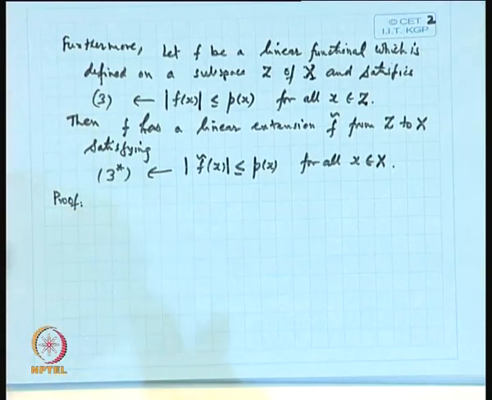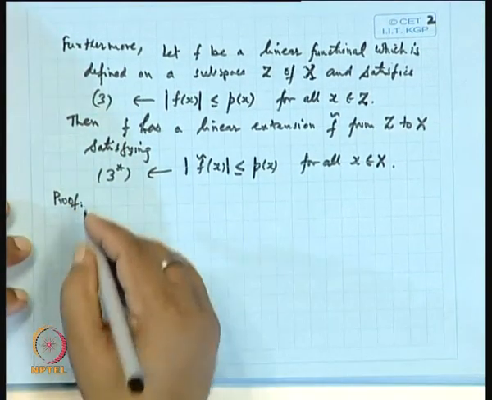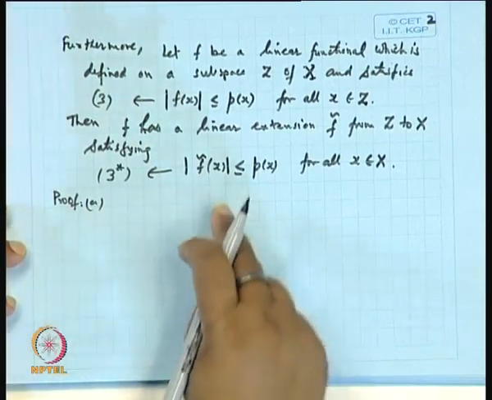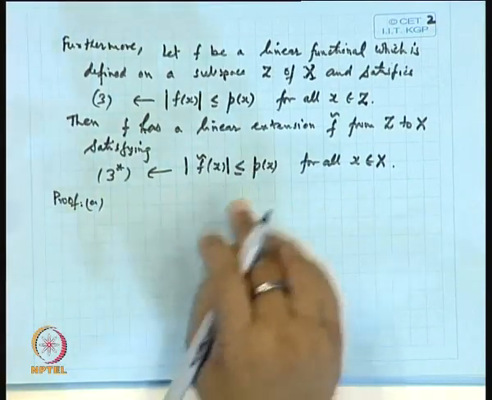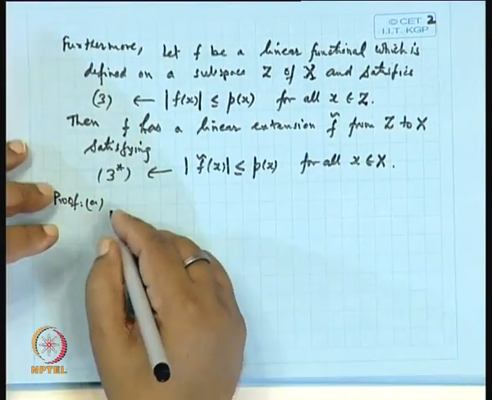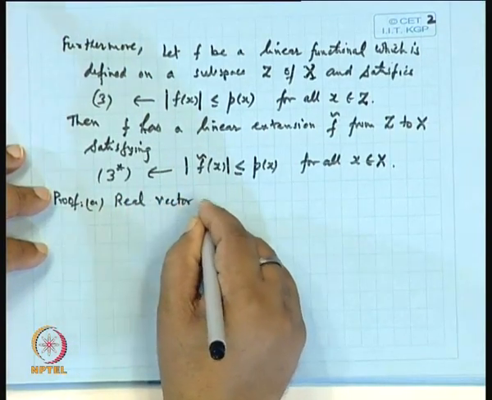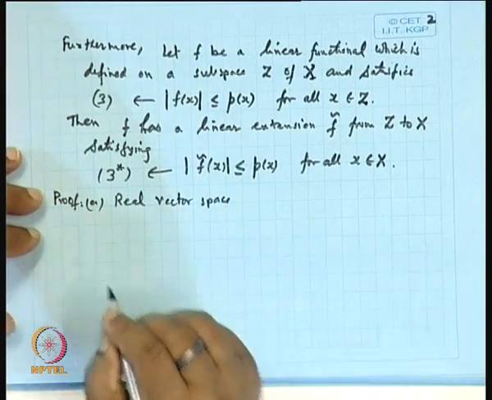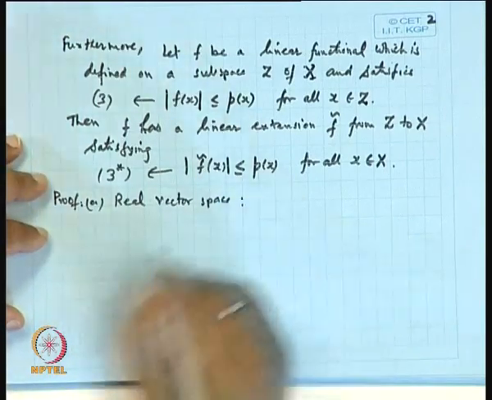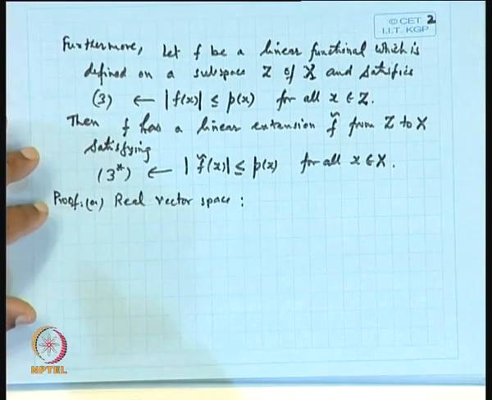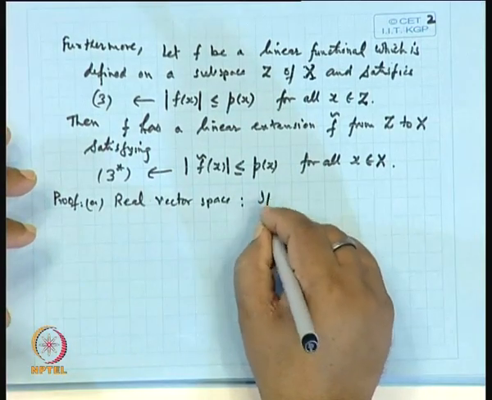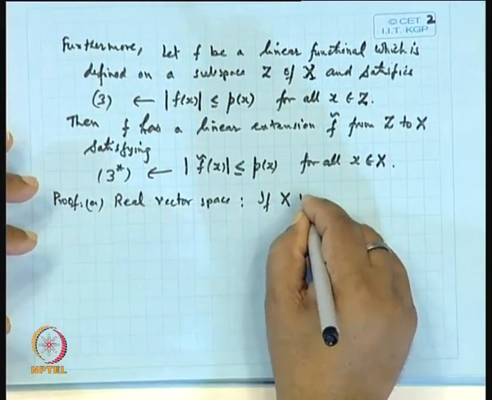Let us prove this first for the real vector space, because under the real vector space this condition remains good or not. For this real vector space, let us see first. Suppose f is real, and X is real.